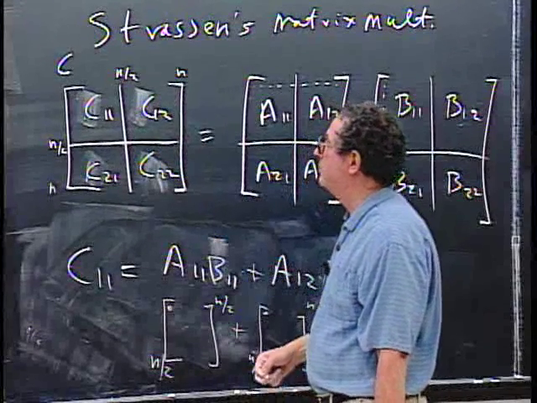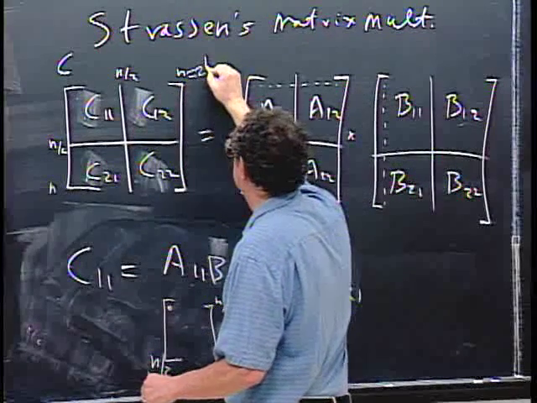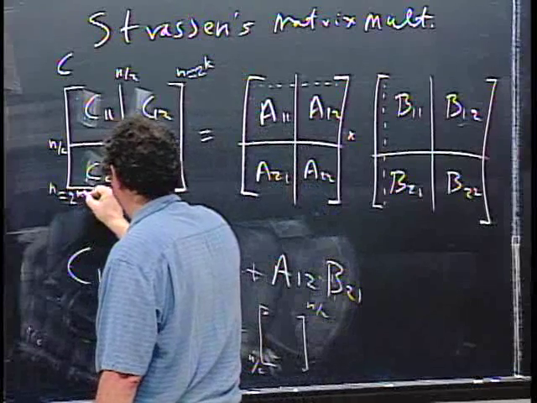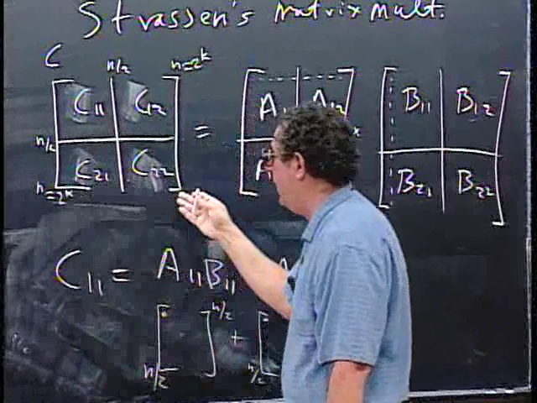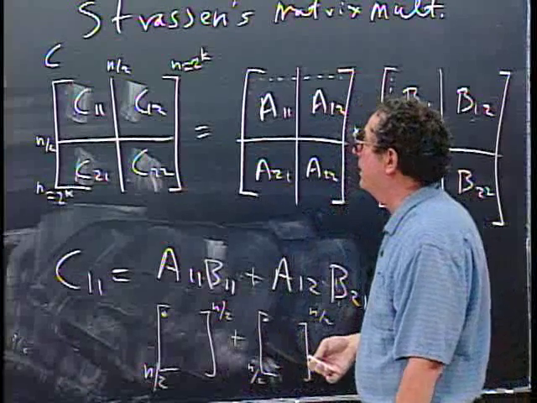So it would be convenient if n is a power of 2. It just makes everything work out nicely. And when n is not a power of 2, we can talk about how to pad the matrix or what to do in the recursion to handle that.